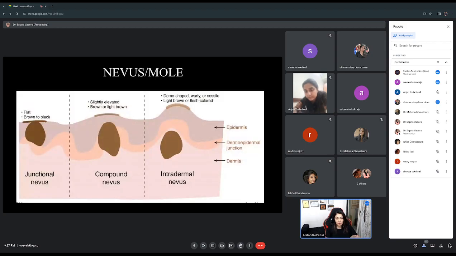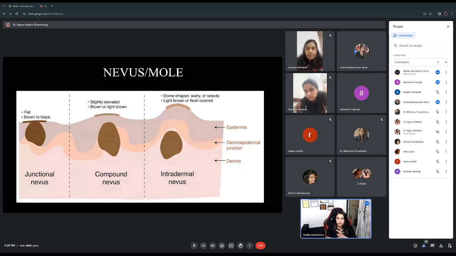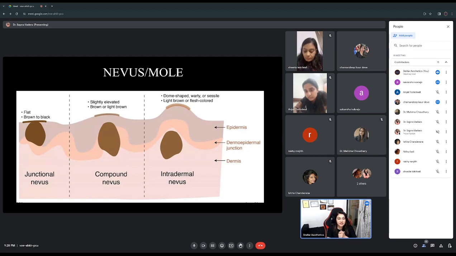Okay. Next is nevus. Now can anyone tell me how a nevus is different from a mole? What is the difference between nevus and mole? Nevus is elevated. Mole is not.